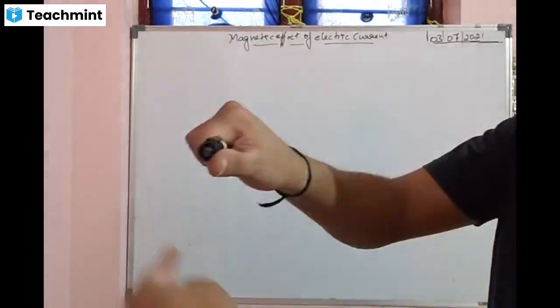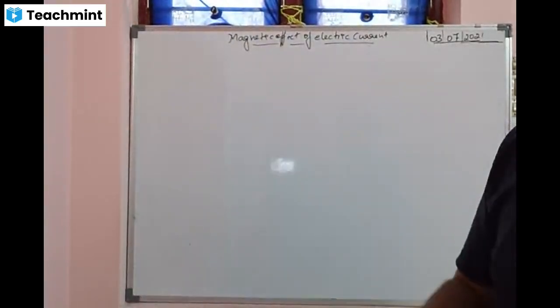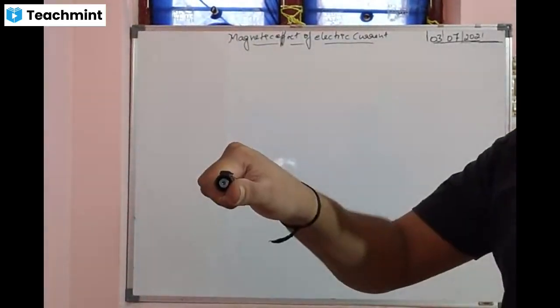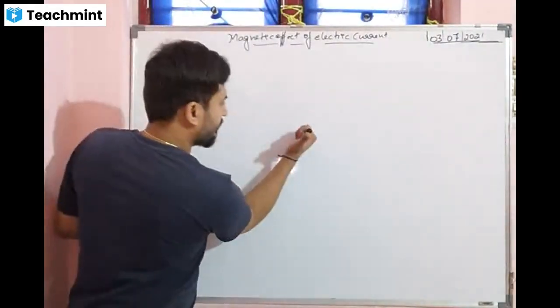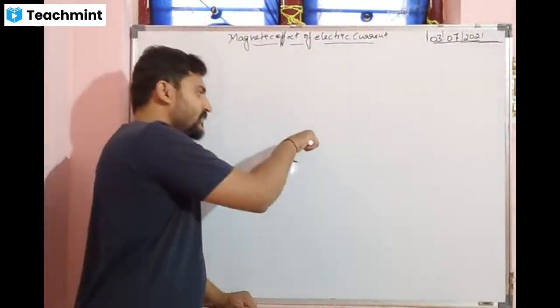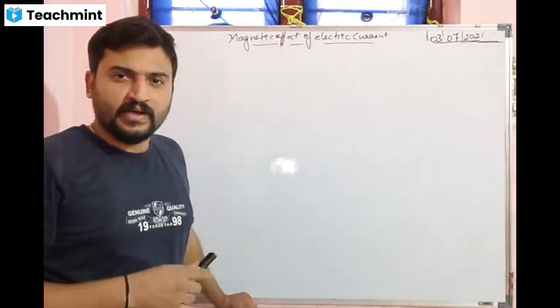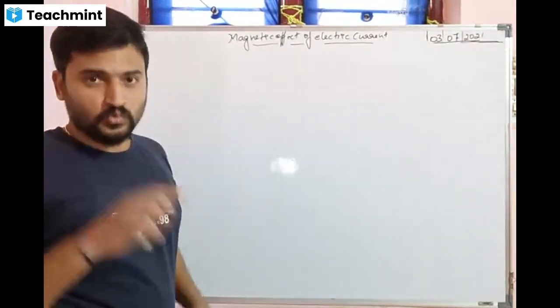So this is anti-clockwise for you and this is clockwise for you. If it is coming out, or if it is going inside, you can identify it easily. That is the right hand thumb rule.